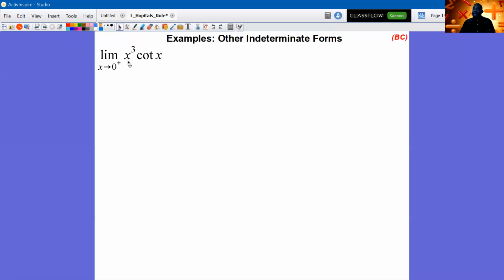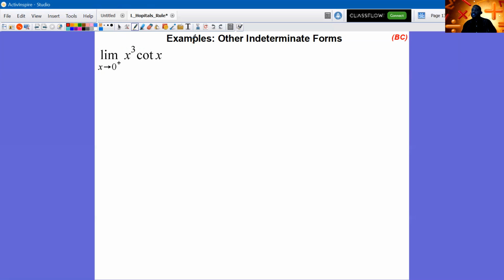So we have the limit of x cubed cotangent x as x approaches 0 from the right. First, because it does not look like a fraction, I can't use L'Hopital's rule right away. So I want to do direct substitution.